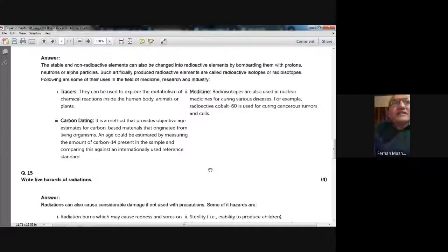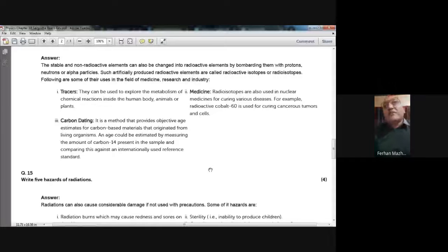In their answer, they say the stable and non-radioactive elements can also be changed into radioactive elements by bombarding them with protons, neutrons, or alpha particles. Such artificially produced radioactive elements are called radioactive isotopes or radioisotopes. Following are some of their uses in the field of medicine, research, and industry.